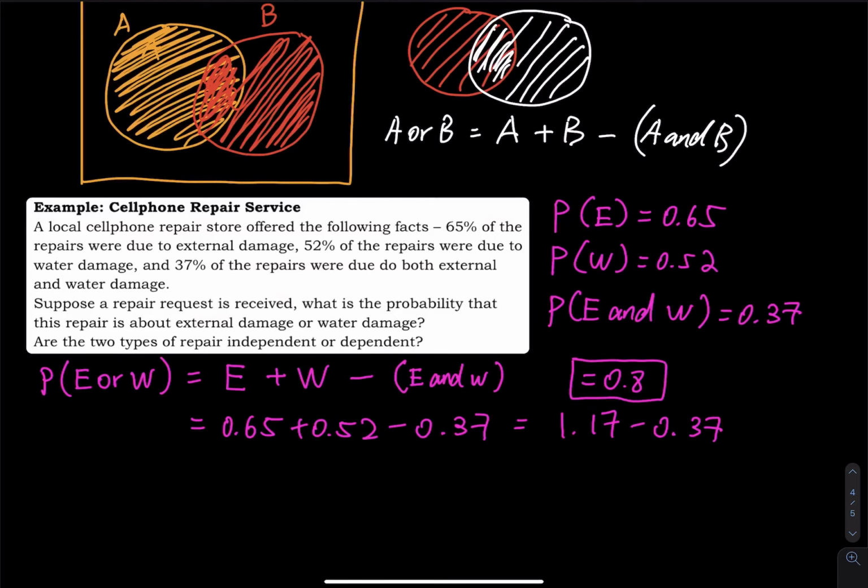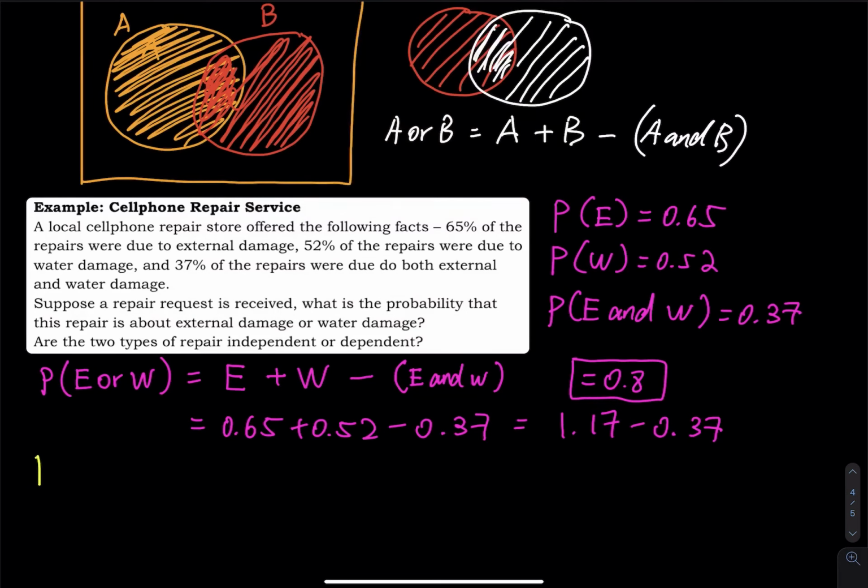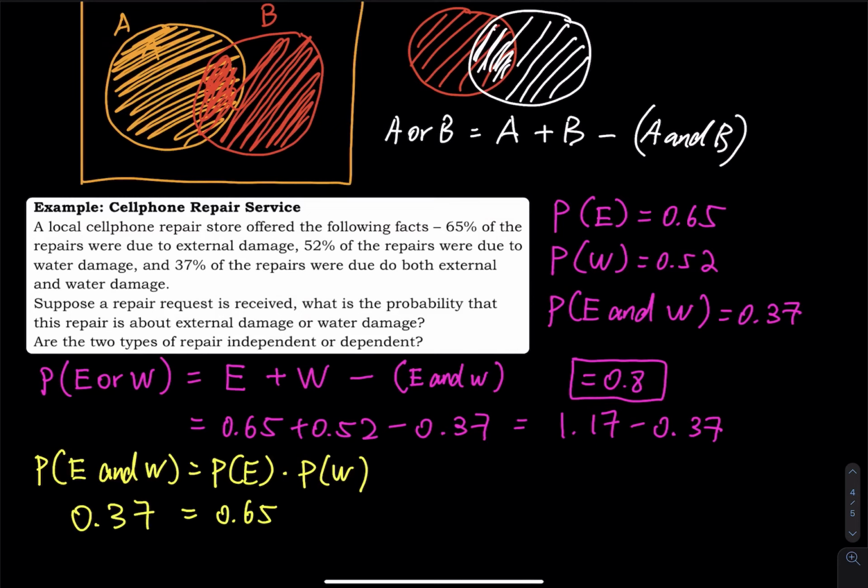And then I have one more problem. Are these two events independent? You have to give me a proof. To prove that two events are independent, you have to prove that the probability of A and B is equal to the probability of A times the probability of B. So what is E and W? That equals 0.37, and we compare it to 0.65 times 0.52.